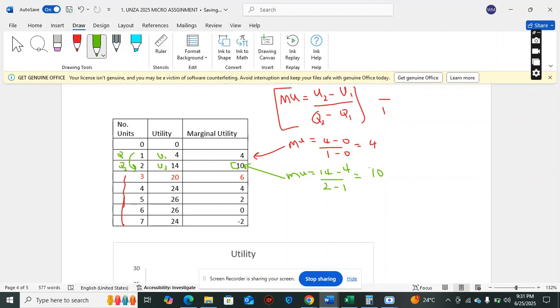The marginal utility is just the extra satisfaction that unit has brought in. Colleagues, take it like that. The extra satisfaction that unit brings in. Any questions so far? Are we now accustomed to the formula? Now I can use the shortcut.